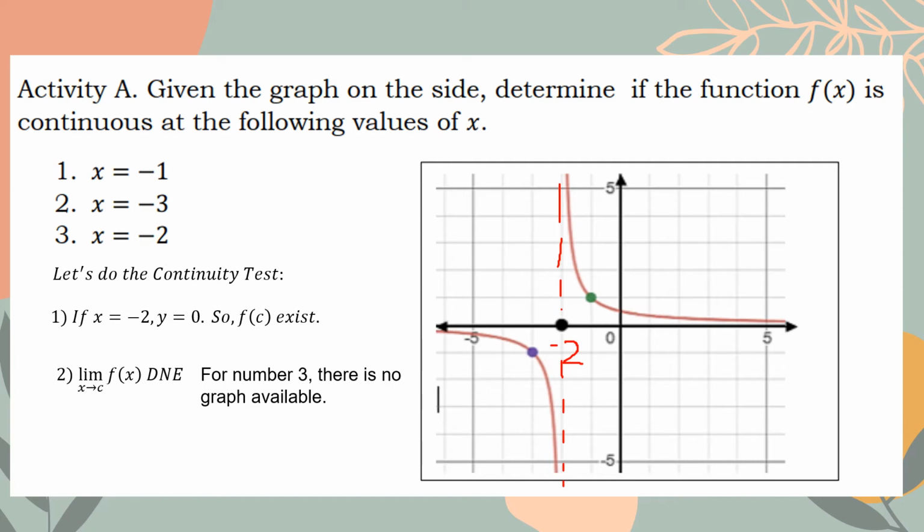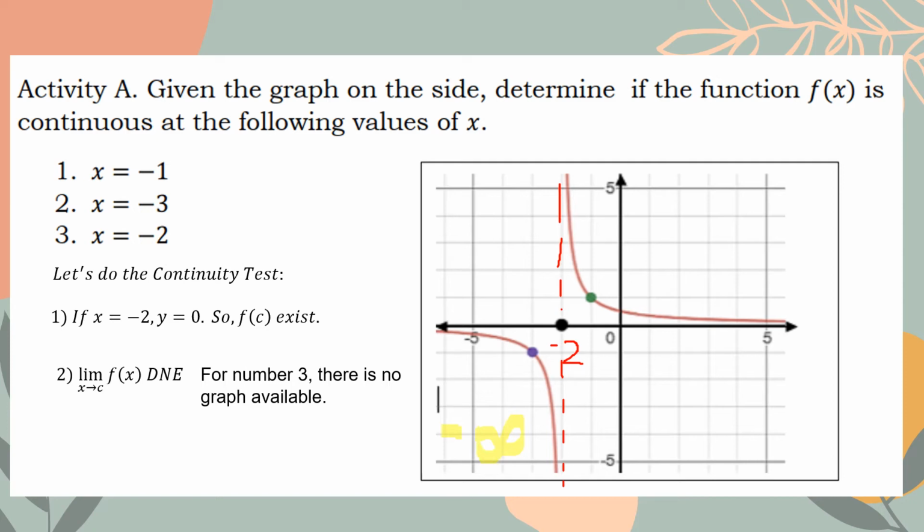If we evaluate it from the left, trace it with a pen, going to negative 2 from the left, the graph shoots down. So the limit from the left is negative infinity.